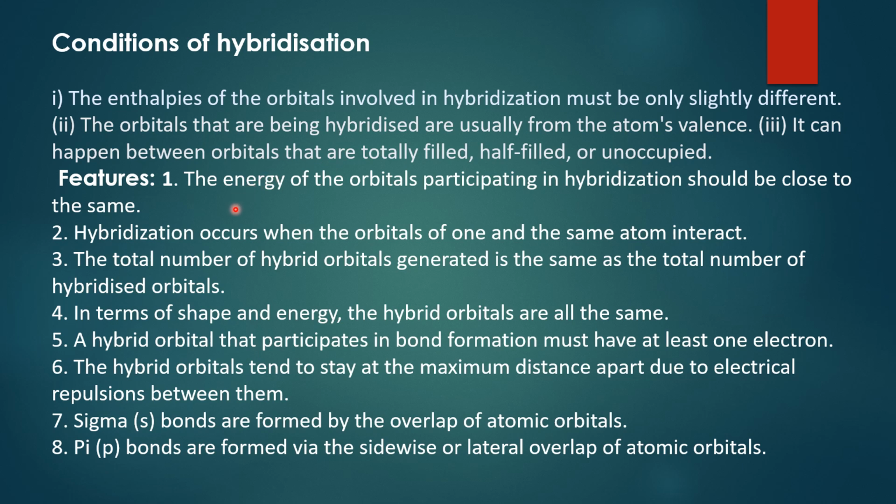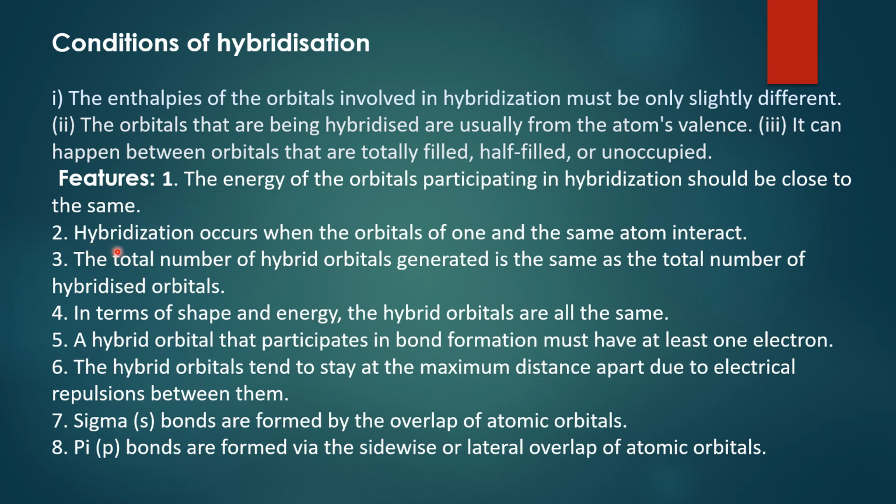The next one is that the total number of hybrid orbitals generated is the same as the total number of hybridized orbitals. How many atomic orbitals are involved in hybridization must equal the number of hybrid orbitals obtained. That is the third feature of hybridization.